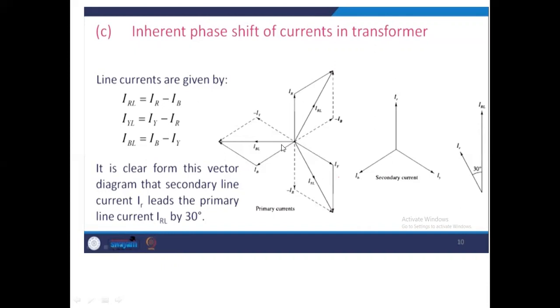According to these vectors, you can see that IRL will be equal to IR minus IB, IYL is equal to IY minus IR, and IBL will be equal to IB minus IY. These are IRL, IBL and IYL.